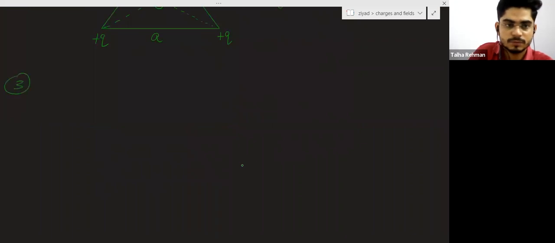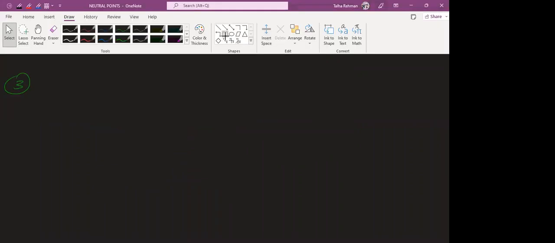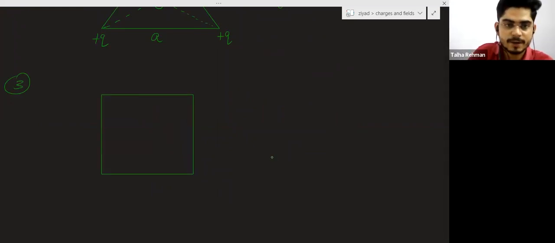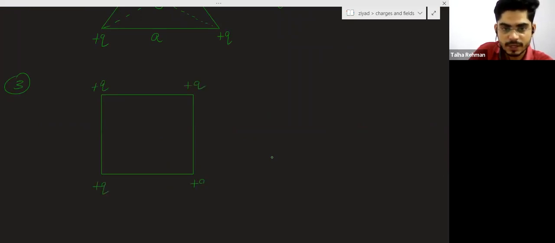Now, next. I am taking the square. Suppose plus q charges are placed like this, and this is the square of side a. So at the center of this square, you will get the neutral point.